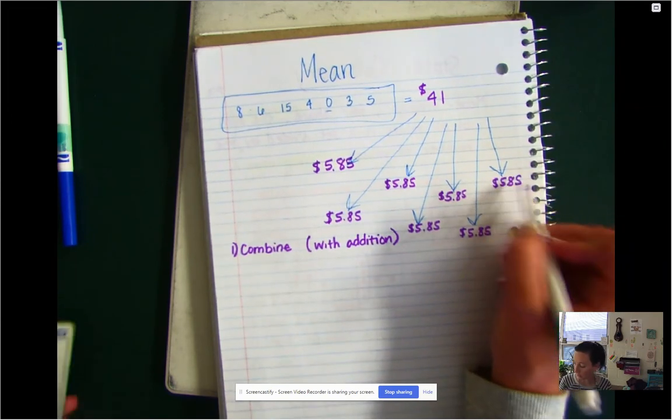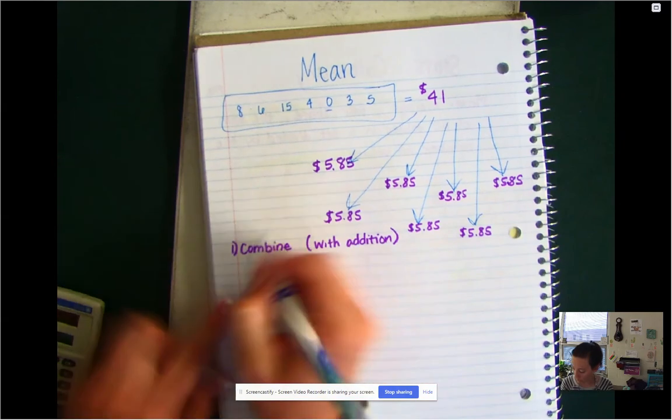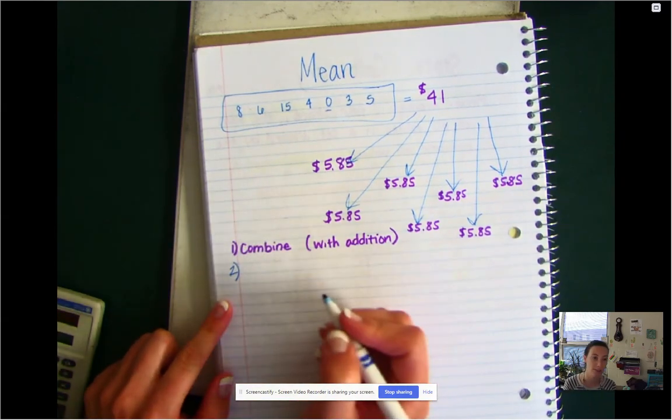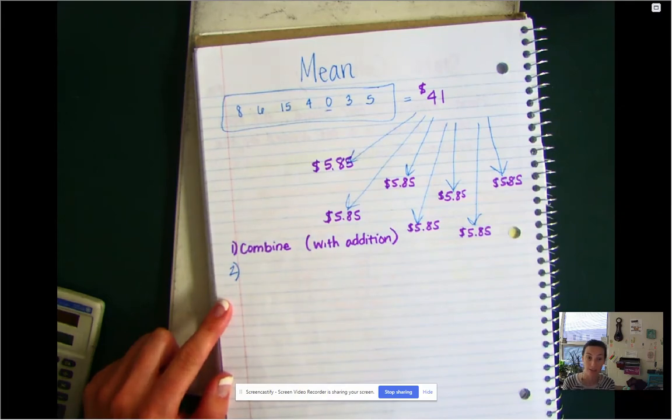This also means that if you asked me, on average, how much did each of your friends have? I could say, well, on average, they had $5.85. Now notice that nobody actually had $5.85.